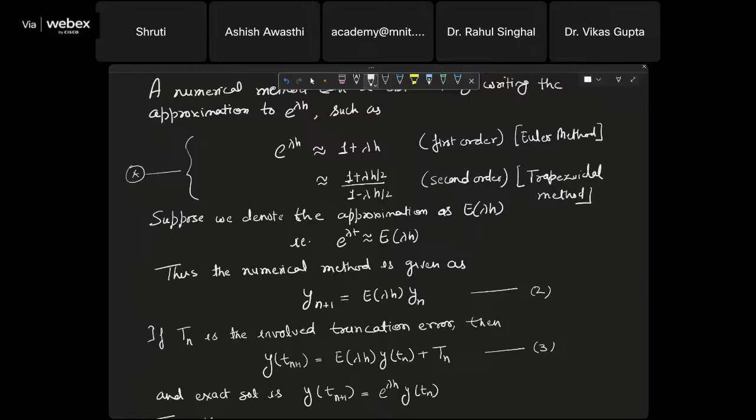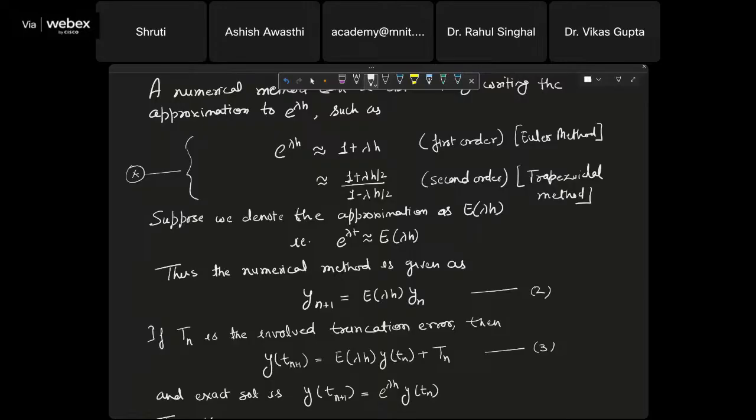So y at t n plus 1 will be nothing but, not y sub n plus 1, it is actually, so this will be E lambda h y at tn plus Tn.